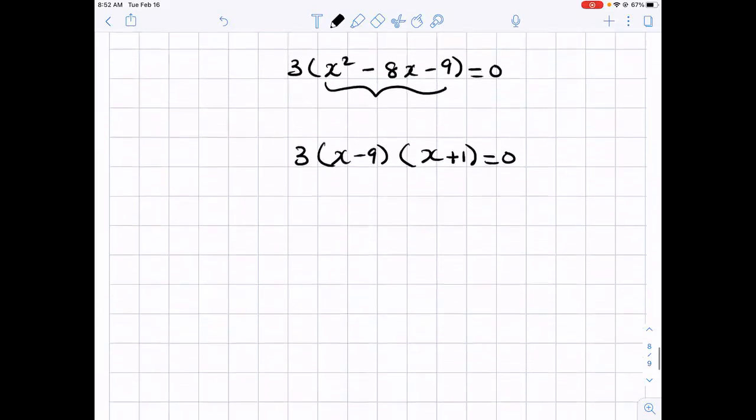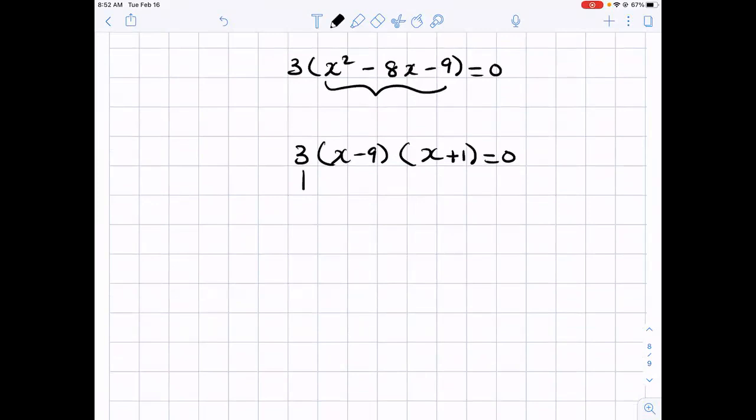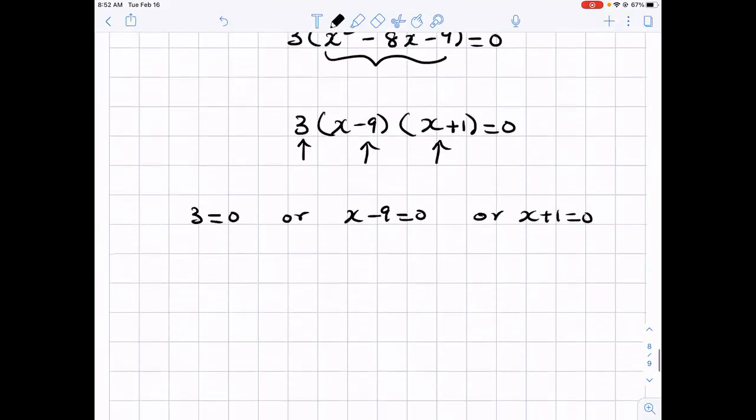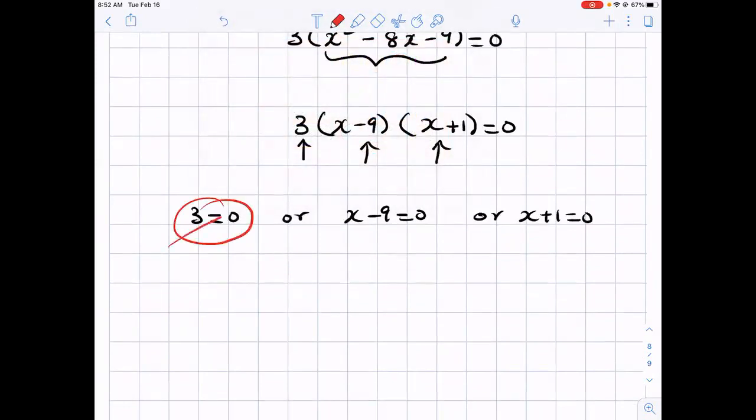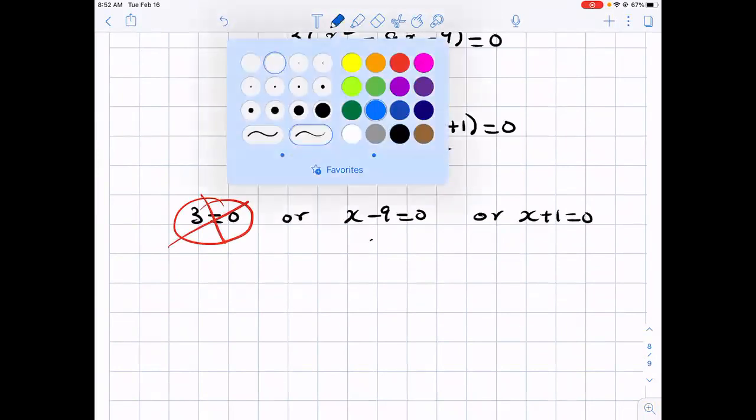So now we have the factors. We solve here, we have 3 factors. So 3 is equal to 0, or x minus 9 is equal to 0, or x plus 1 is equal to 0. Now, obviously, 3 cannot be equal to 0, right? So this is no good. If you solve here, you will add 9 to both sides.